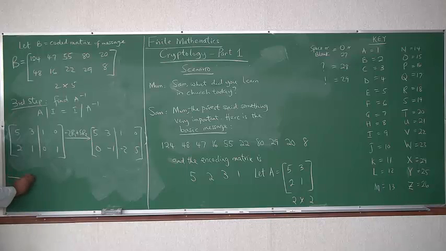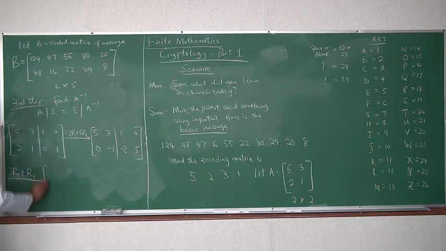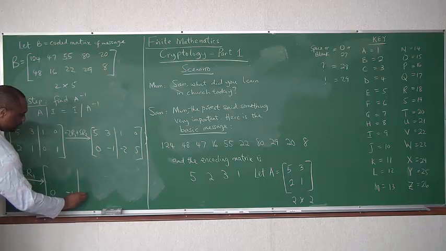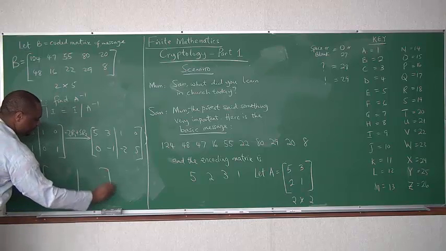Then you have another operation here. 3 and negative 1. So this will be 3R2 plus R1. This is 0, negative 1, negative 2, 5.